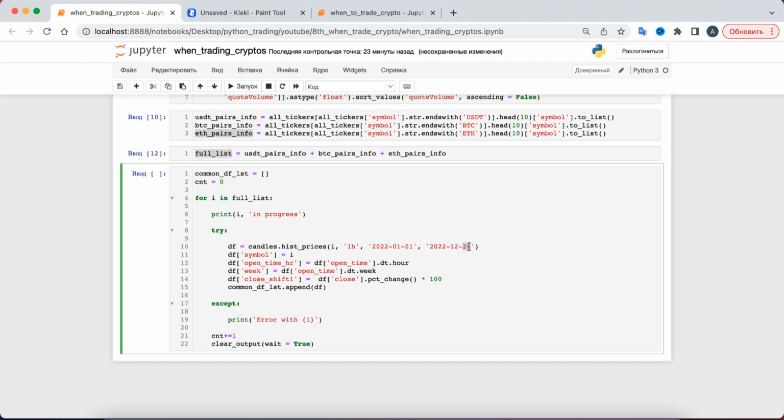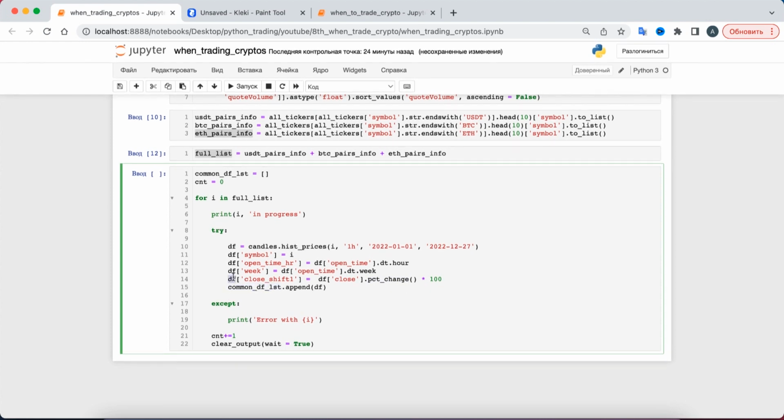Okay, specified period of time. Today is 28th of December, so I guess it would be great if I choose the date one day before it. I need to have some more data: the hour time, the week number of the year, and to calculate price difference in percent, I just use the common pct_change and multiply it by 100 because I want to have nice data.